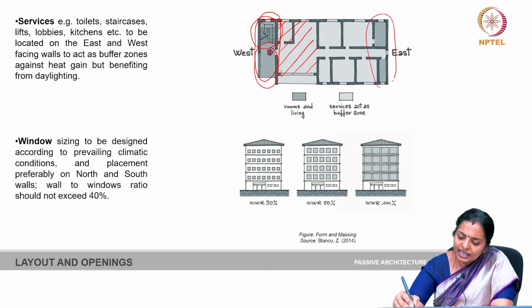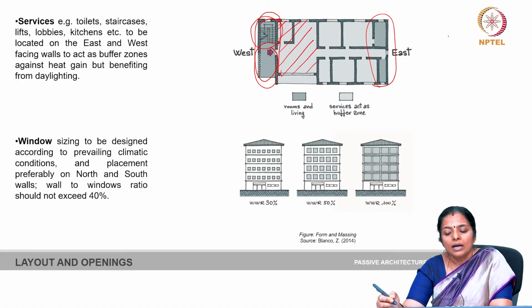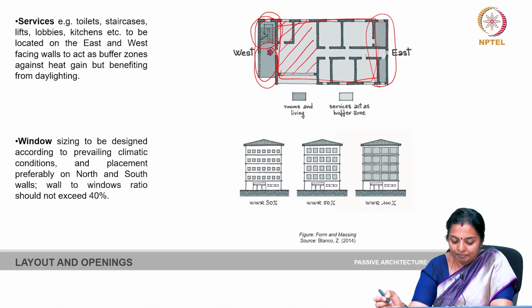The east side can also be buffered with certain spaces like kitchens or storerooms, and then the entire area is sandwiched between two spaces which are buffered.